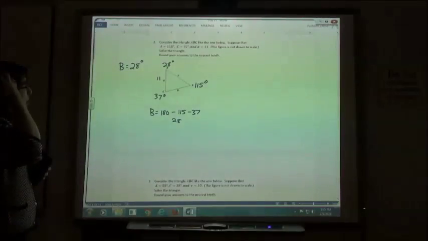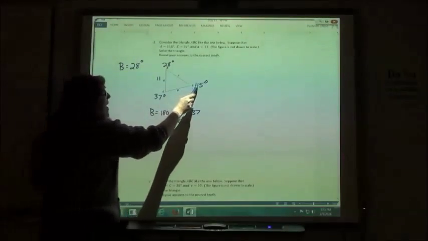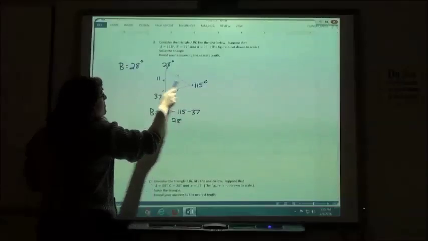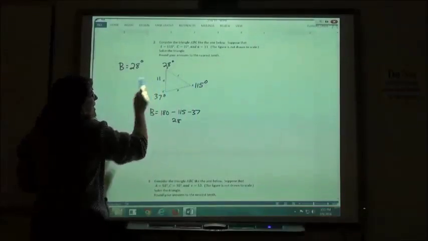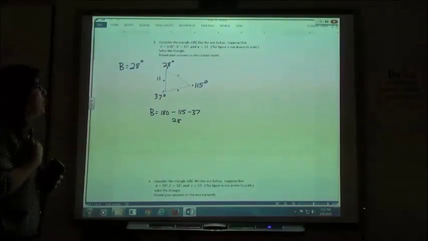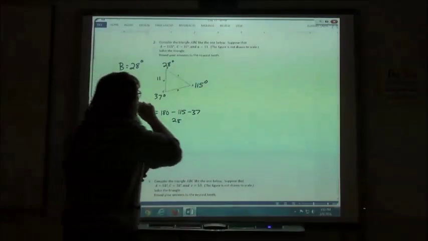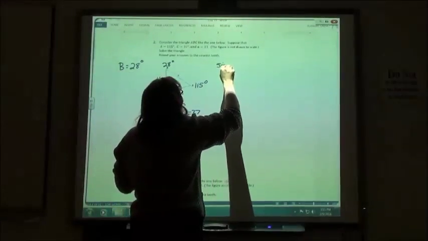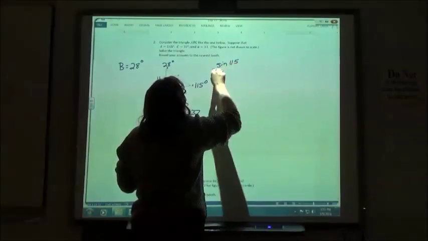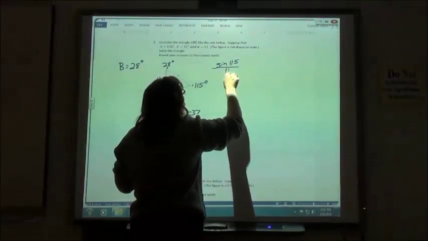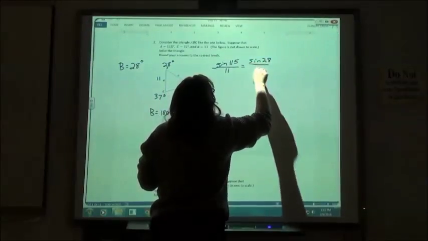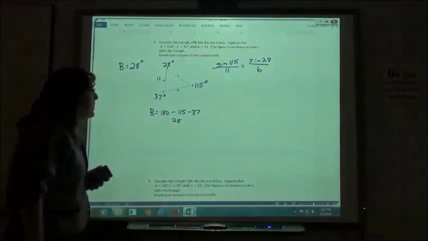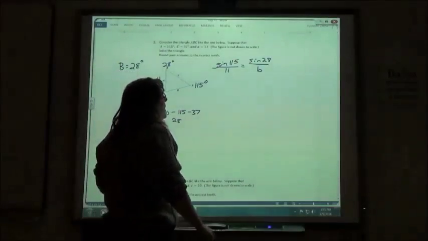So looking at our law of sines then, we want an angle that has opposite my side measure. Again, this happens to be A because I have angle A and side A both. And so I'm going to use that one. So I'm going to say the sine of angle A, which is 115, over side A, which is 11, equals the sine of 28 over side B. Again, I would cross multiply to solve that.